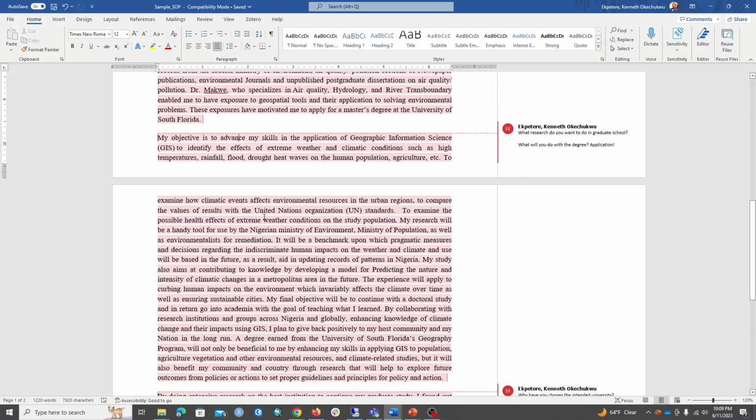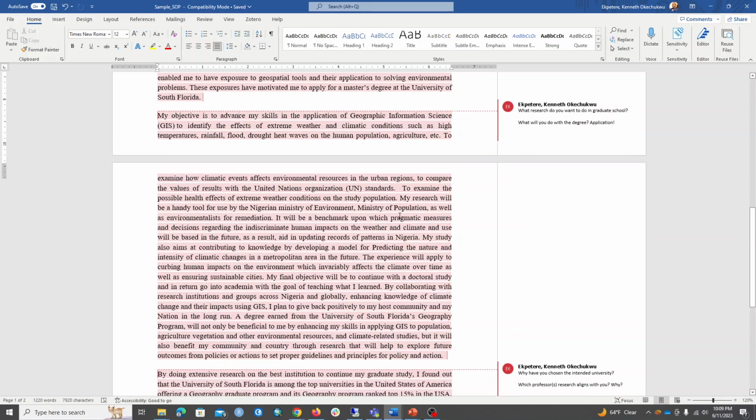To examine how climatic events affect environmental resources in the urban regions. To compare the values of results with the United Nations Organization standards. To examine the possible health effect of extreme weather conditions on the studied population. My research will be a handy tool for use by the Nigerian Ministry of Environment, Ministry of Population, as well as the environmentalists for remediation.